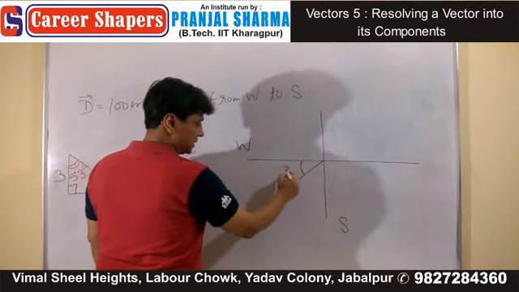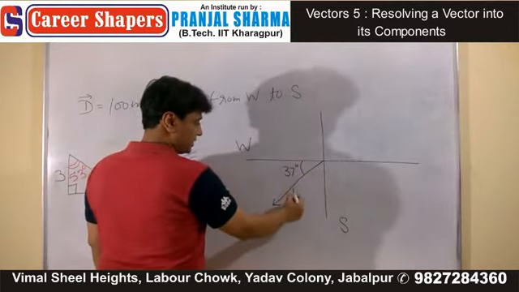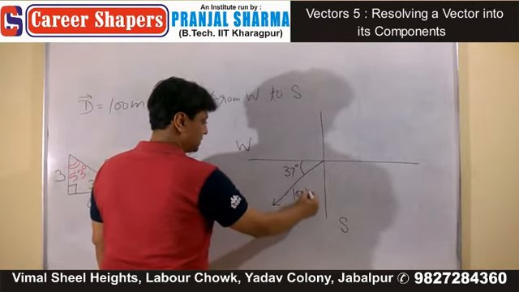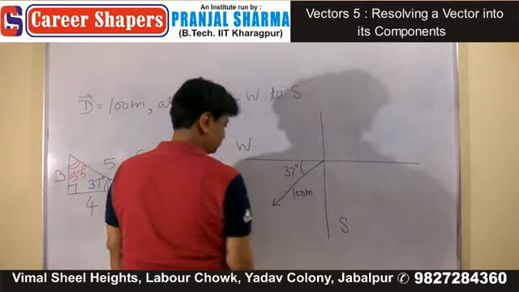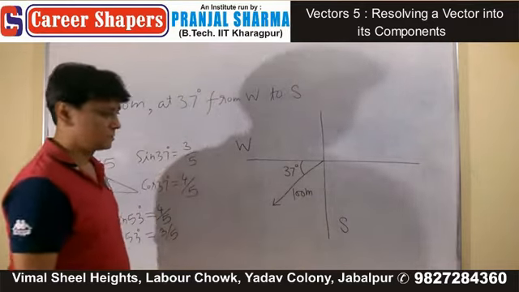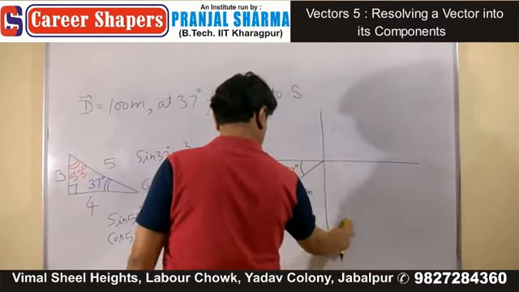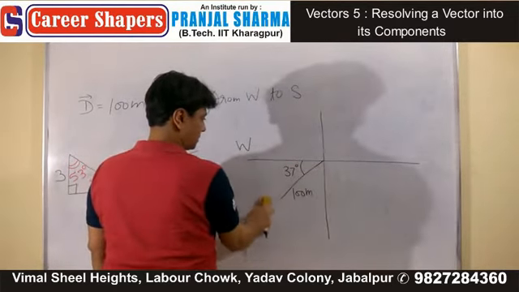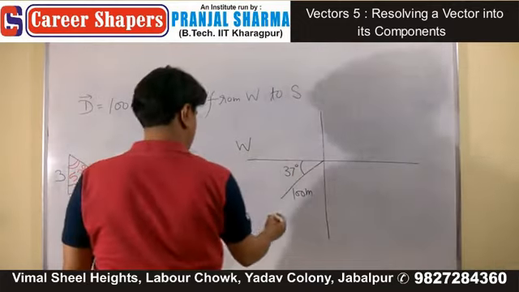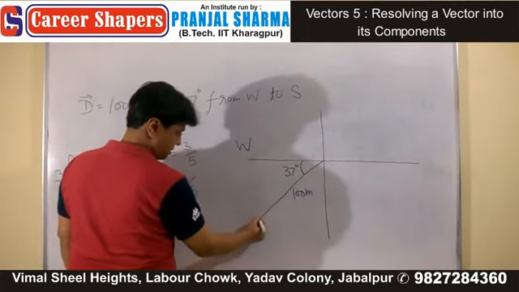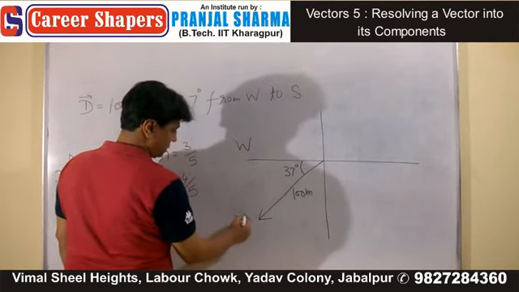This angle is 37. This length is 100 meters. This is your D.